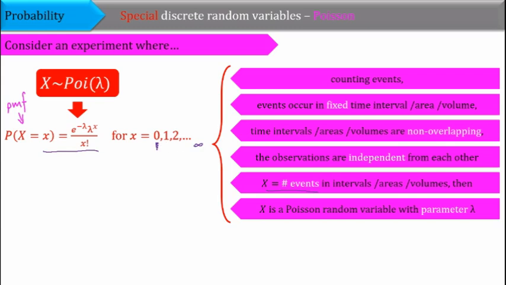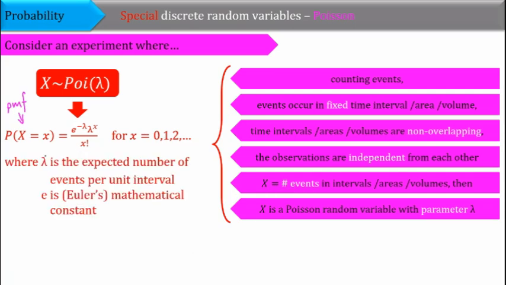Take note, x will be integers, only whole numbers, because we are counting events. And of course, since we're counting, x can never be negative. Now lambda is the expected number of events per unit interval. It's the expected number of events or the average number of events per unit interval, and e is Euler's constant. That's just a mathematical value that you'll find on your calculator, this one over here.